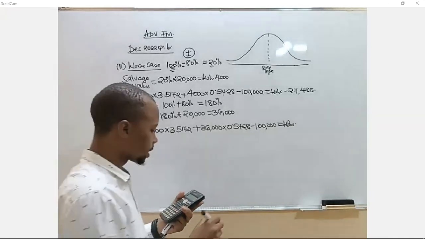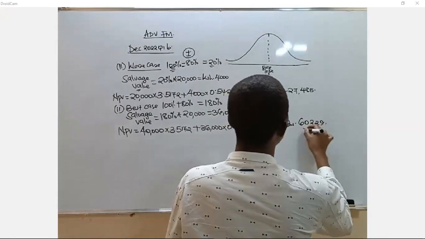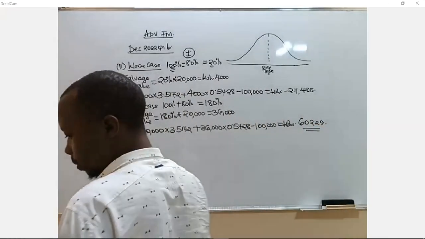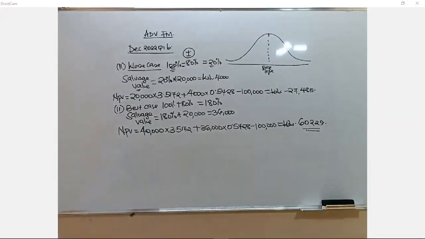We are getting 60,229. So how am I going to be doing my percentage changes?